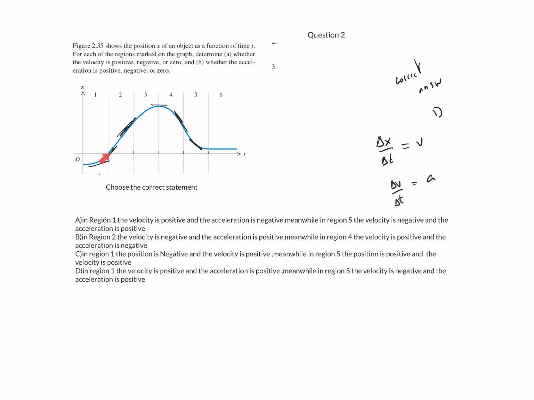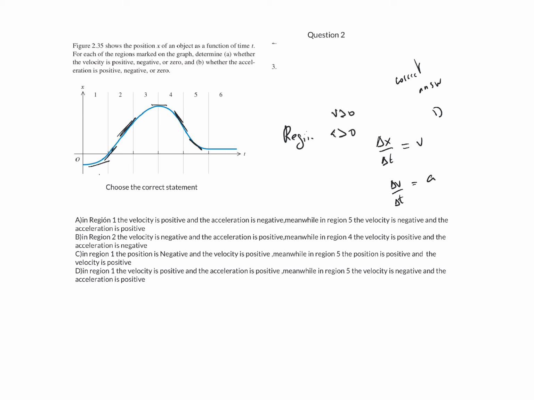Here the velocity is also positive because the slope is positive, and it's bigger because it has a bigger slope, so the velocity is 10 meters per second. So there is a change in the velocity from 5 to 10, final 10 minus 5. The change is positive in region 1, so the acceleration is positive because the change in the velocity is positive. In region 1, the acceleration is positive, and the velocity is also positive.